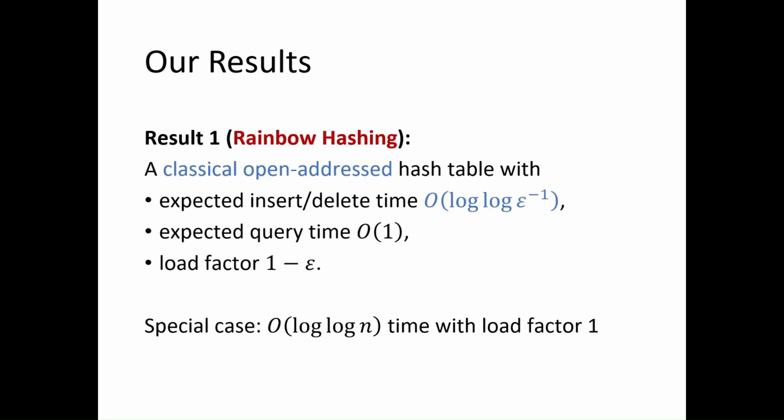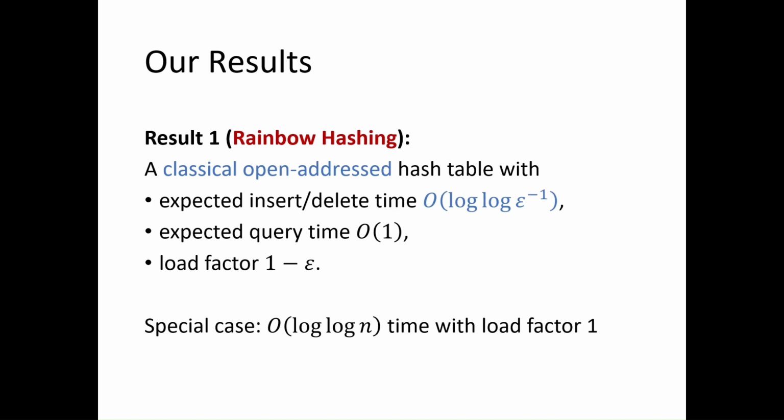So our first result in this paper answers this question. We constructed a classical open address hash table that has log epsilon inverse update time and constant query time in expectation, when the load factor of the hash table is 1 minus epsilon.